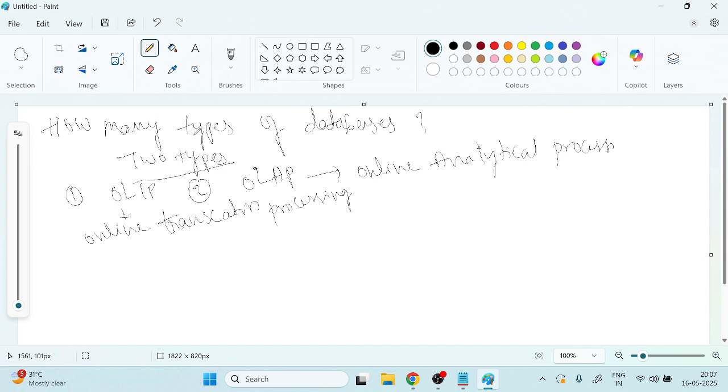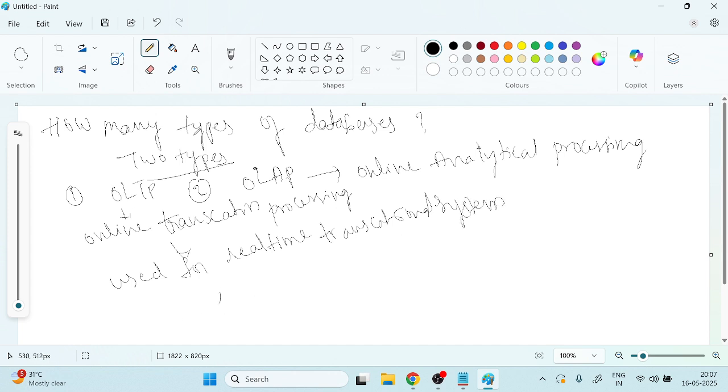Okay, so in online transaction processing, it will be used for real-time transactional systems. Okay, in real-time transactional systems we will use OLTP.